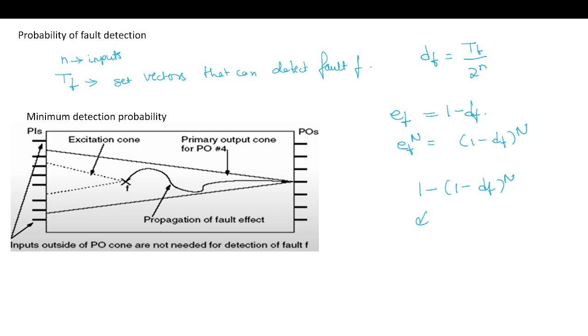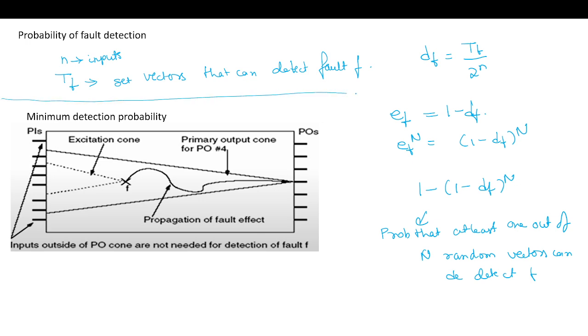So this is the probability that at least one out of n random vectors can detect F. So this is about the probability of detection.